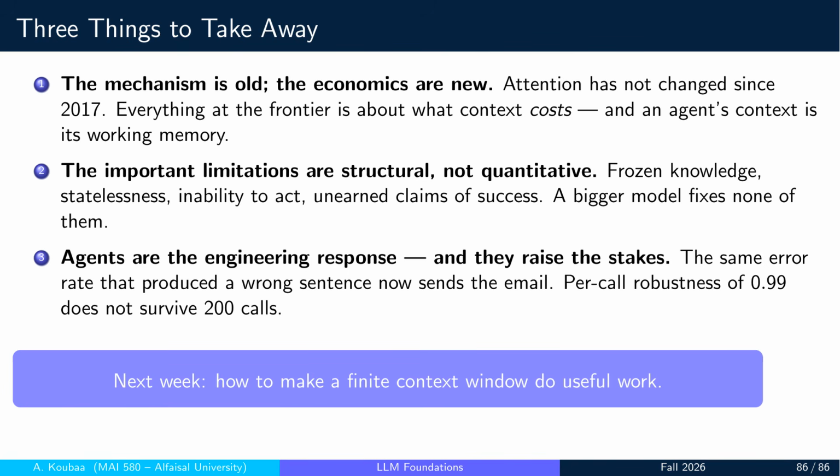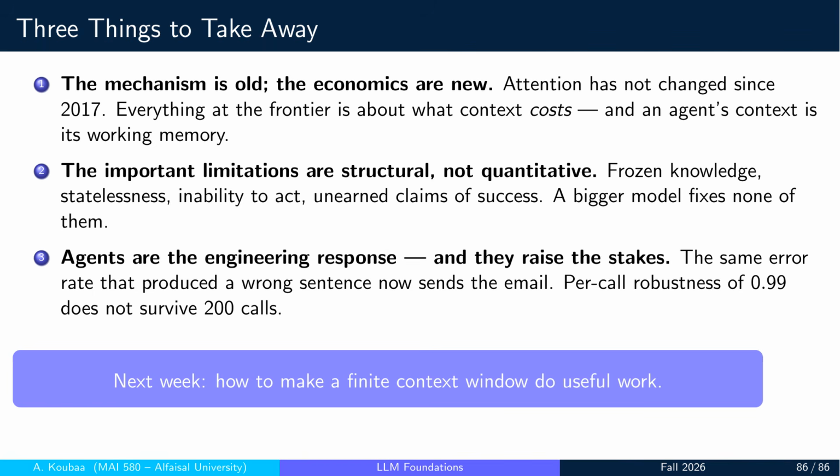3 ideas to take away. First, attention is old, but its economics are central. Context costs time and memory. And that cost is the constraint the entire frontier is working against. Second, the most important limitations of language models are structural, not incidental.